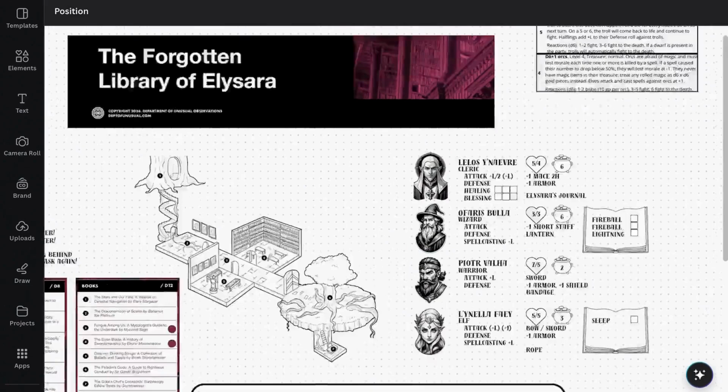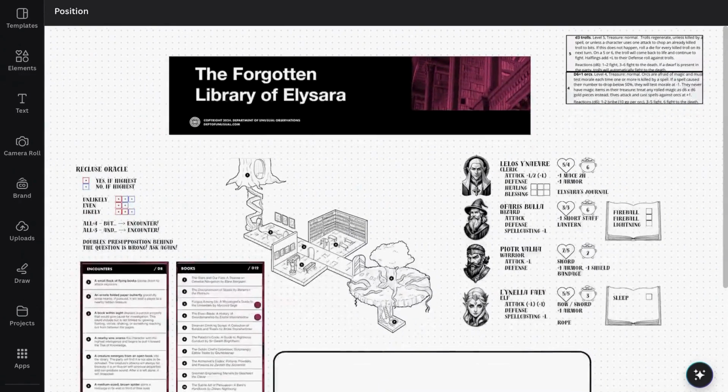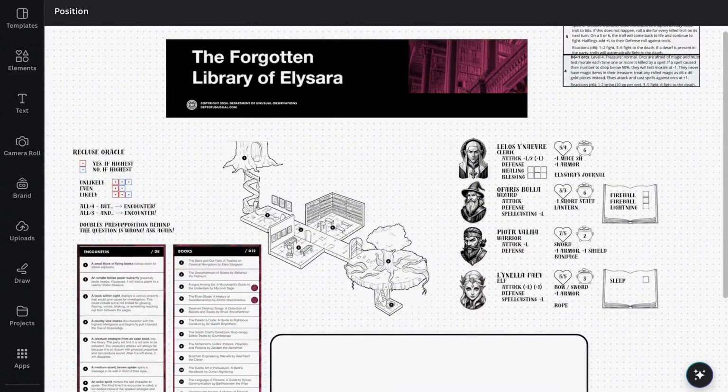Piotr has the least amount of money, so as I won't decide in every case what my characters do, I'm more of a storyteller here, so I will ask the oracle about Piotr's feelings. Does Piotr want to steal these 7 gold pieces?